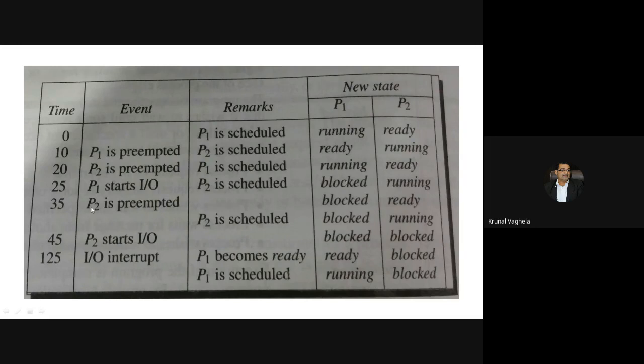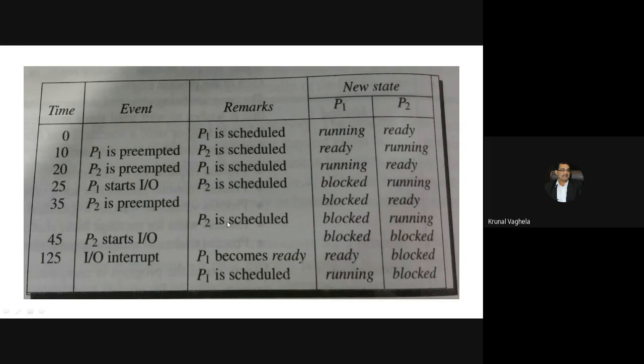After some time, P2 is preempted. Now P2's turn is over. So P1 is still blocked and P2 is ready, and the processor is doing some other task, right? There may be some other process that the processor is working on. So P1 is blocked and P2 is ready to run.